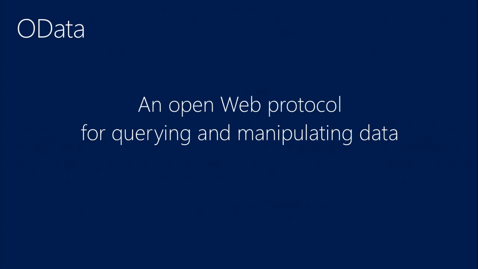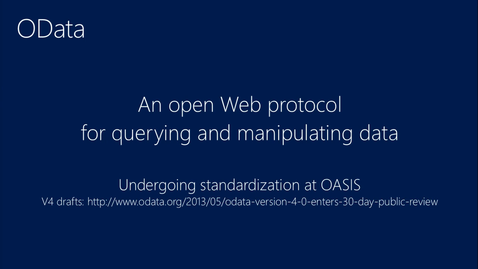It's meant to be consumed by things that are web-facing, like browsers, mobile devices, phones, tablets. It is also open, which means that the spec is published. You can read it. It's based on open standards like JSON, XML, Atom. And it is being standardized.